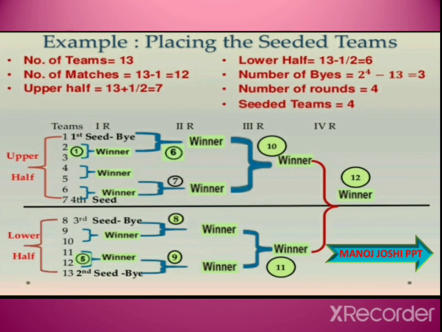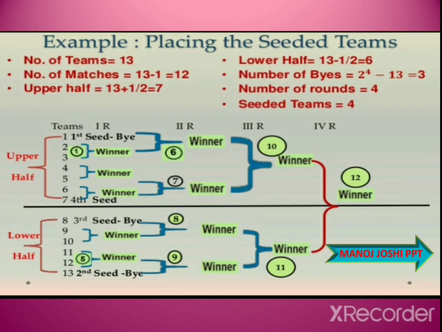So, number of teams 13, we can see again here. Number of matches is 13 minus 1, 12. Upper half is 13 plus 1 divided by 2, 7 teams, and the lower half will be 6 teams. Number of byes we will calculate as 2 to the power n minus 13, so 2 to the power 4 minus 13, so 3 byes will be there. Number of rounds will be 4.